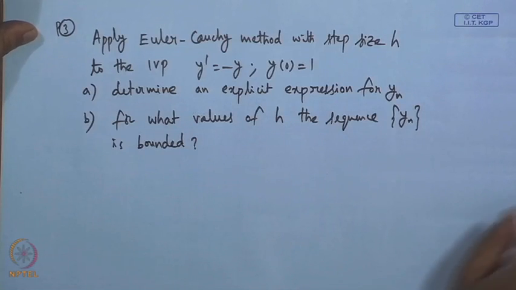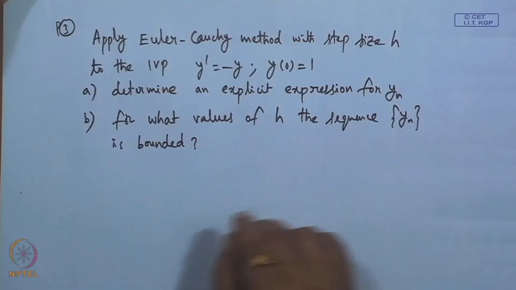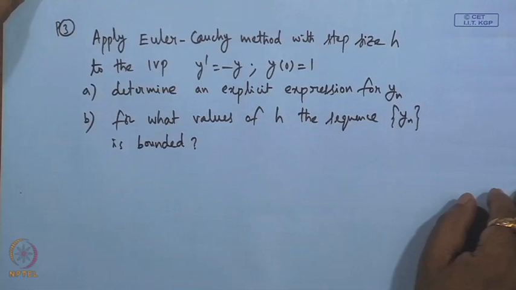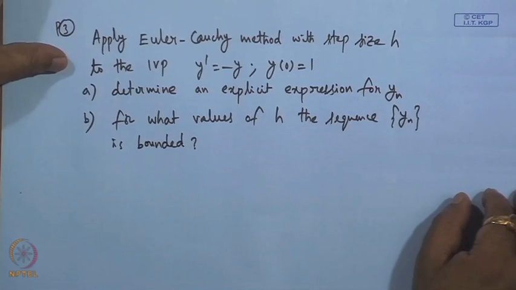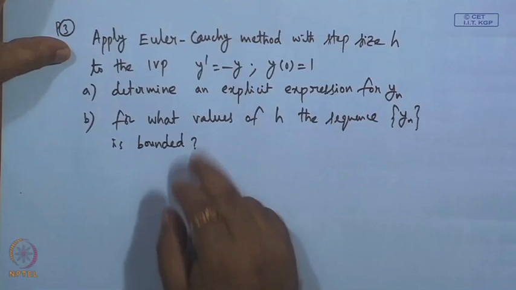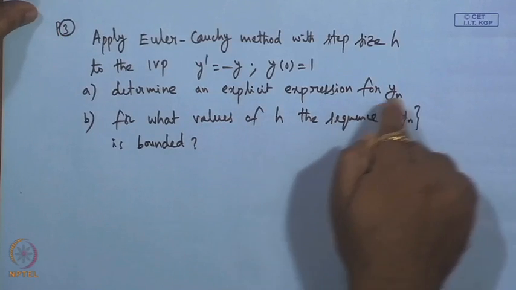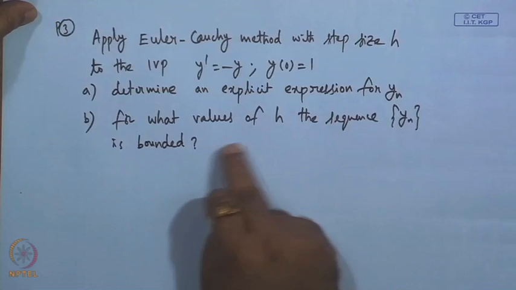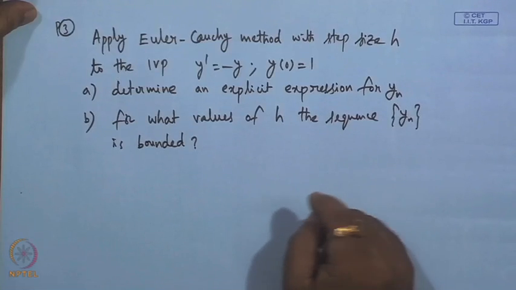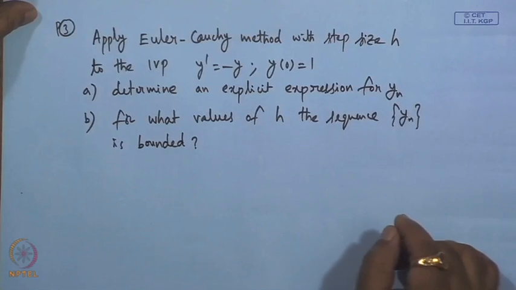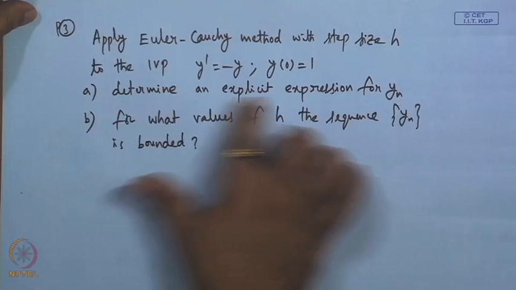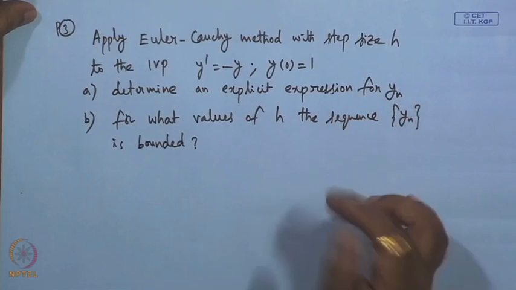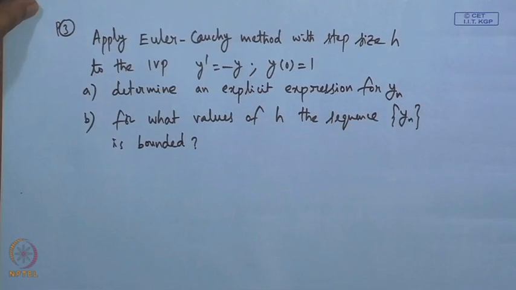Okay. So, the problem says apply the Euler-Cauchy method with step size h to this initial value problem, determine an explicit expression for y n, and for what values of h the sequence y n is bounded. So, when we determine the expression, then part b is trivial.